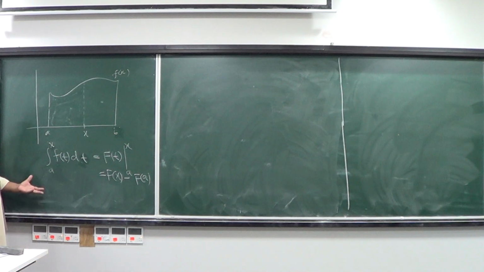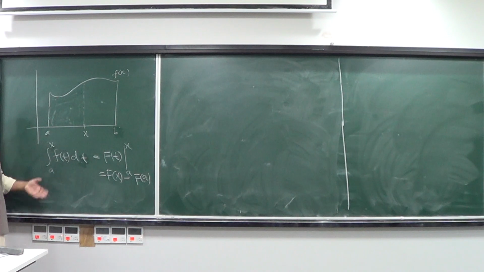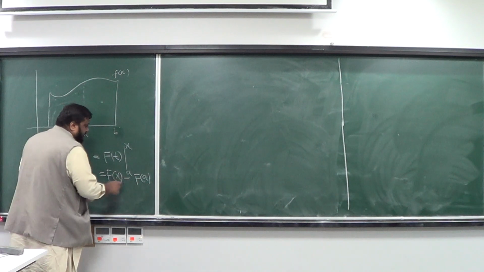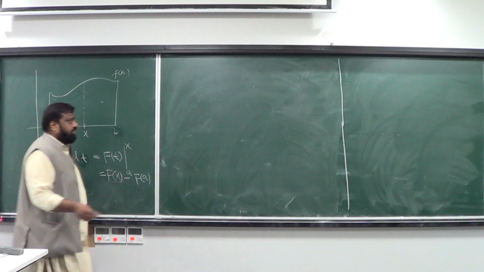So if you are integrating a function from a fixed point a to an arbitrary point x in the same interval, then the result is not going to be a number, but a function of x. It's going to be a function of x. For example, okay?